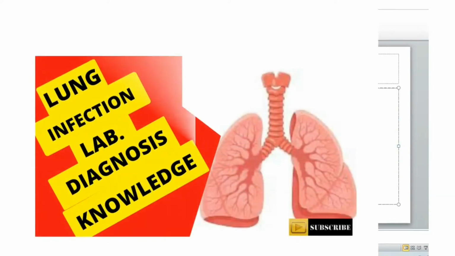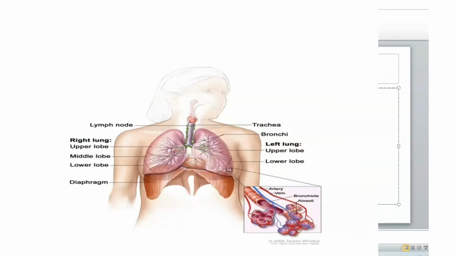Knowledge is power. That knowledge is what I want to impart with this video: lung infection lab diagnosis knowledge. You are imparted the various parts of the lungs. You have three lobes on the right and two on the left, with the heart occupying a very big space on the left side.